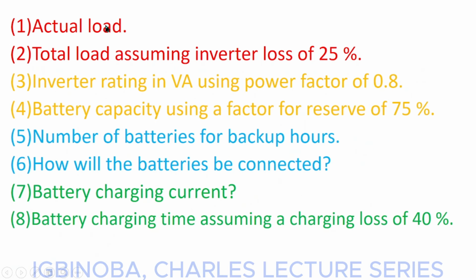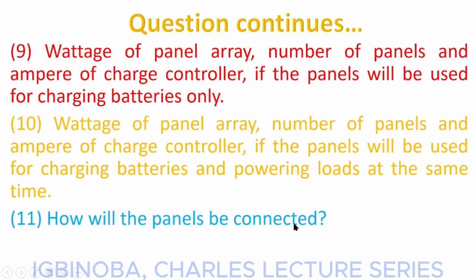the actual load, the total load assuming inverter loss of 25%, the inverter rating in volt ampere using a power factor of 0.8, the battery capacity using a factor for reserve of 75%, the number of batteries for backup hours, how will the batteries be connected, the battery charging current, battery charging time assuming a charging loss of 40%.